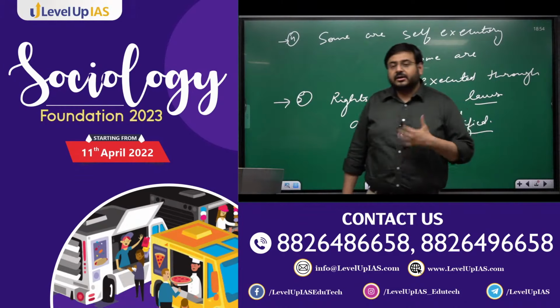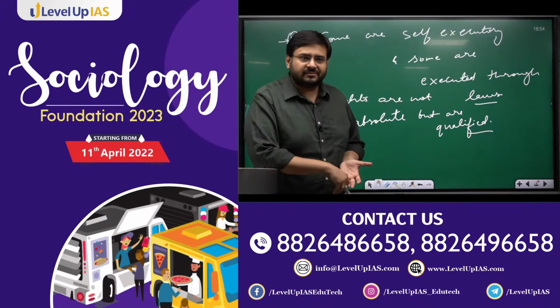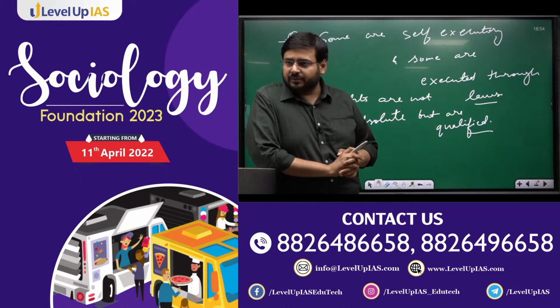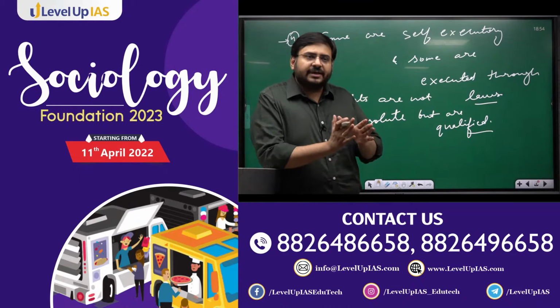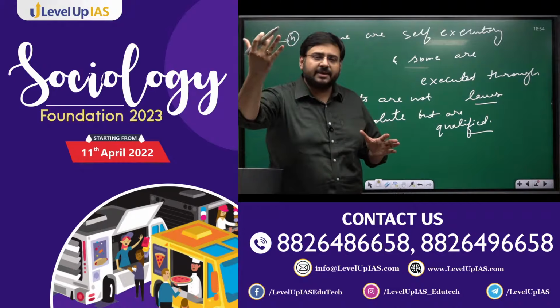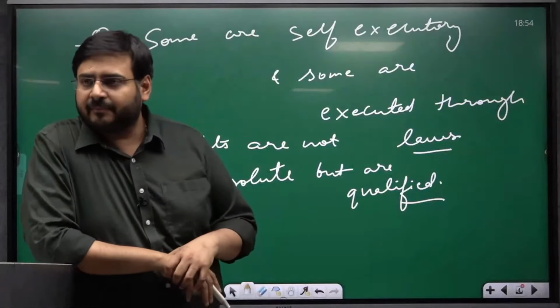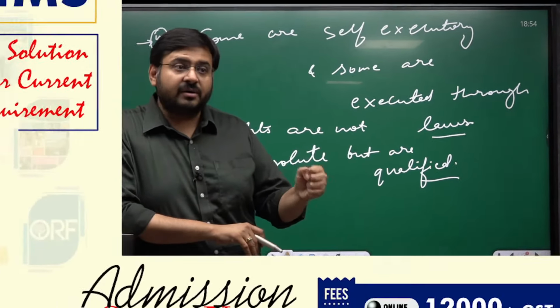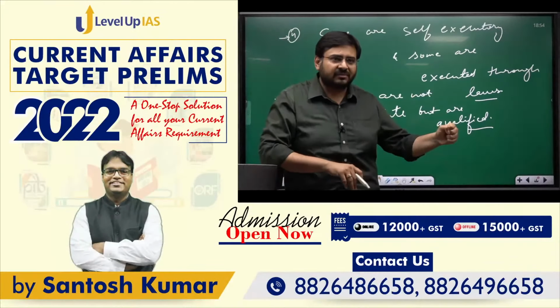The right to education can also be absolute. Why? Because there is no limitation in the right itself. The limitation can be in the act made by the state. Because untouchability is also saying in accordance with law, right?